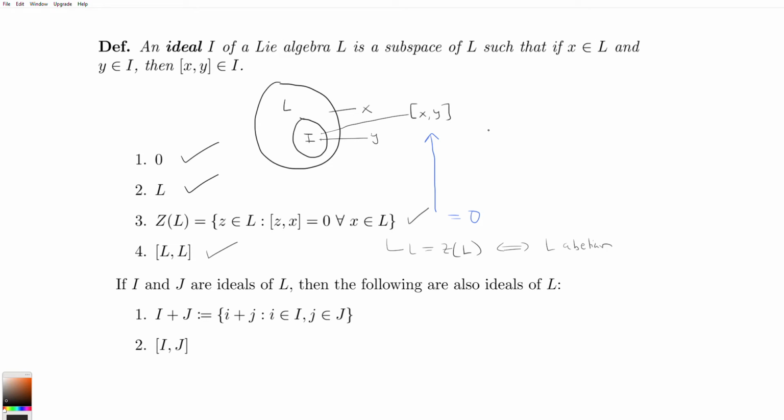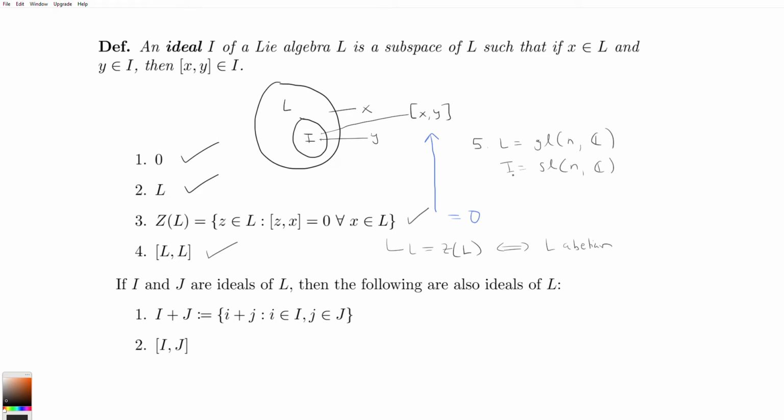So a concrete example of an ideal is if, let's say, L is equal to GL n comma C, then an ideal of GL n comma C is actually equal to SL n comma C, n greater than 1.